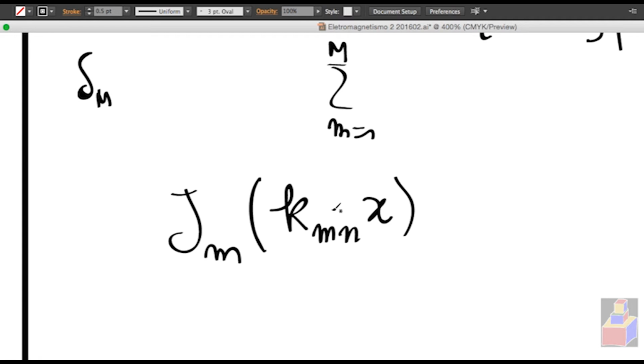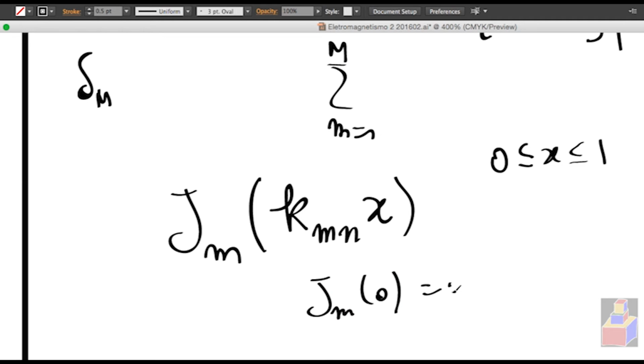Just a second here. Yeah, in the interval between 0 and 1. At x equals 0, this is J_m(0), which is 0 for m equals 1, 2, etc., and which equals 1 for m equals 0.